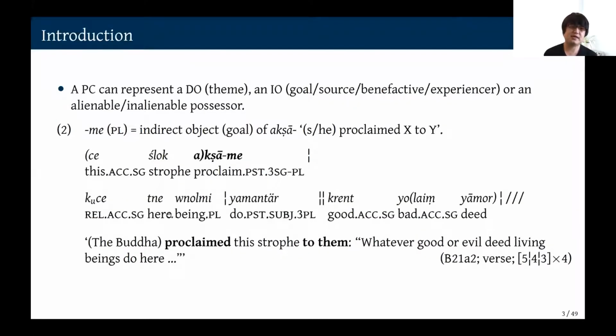A PC can also represent a direct object, an indirect object, or an alienable or inalienable possessor. Example 2 illustrates that the plural clitic me represents an indirect object of aksha, she or he proclaimed X to Y. The Buddha proclaimed this strophe to them, saying, whatever good or evil deed living beings do here, and so on.